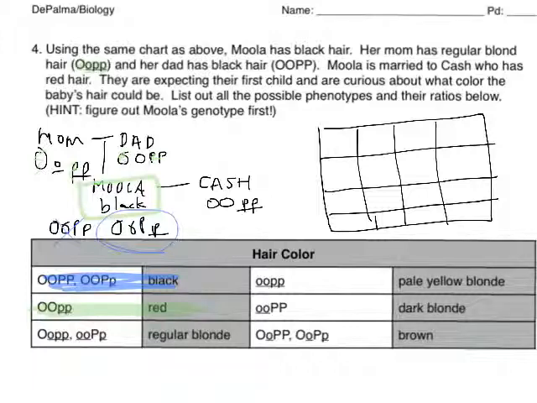So for Moolah, the first possibility is you could have big O, big P. You have big O, little p. You could have then big O, big P, or big O, little p.